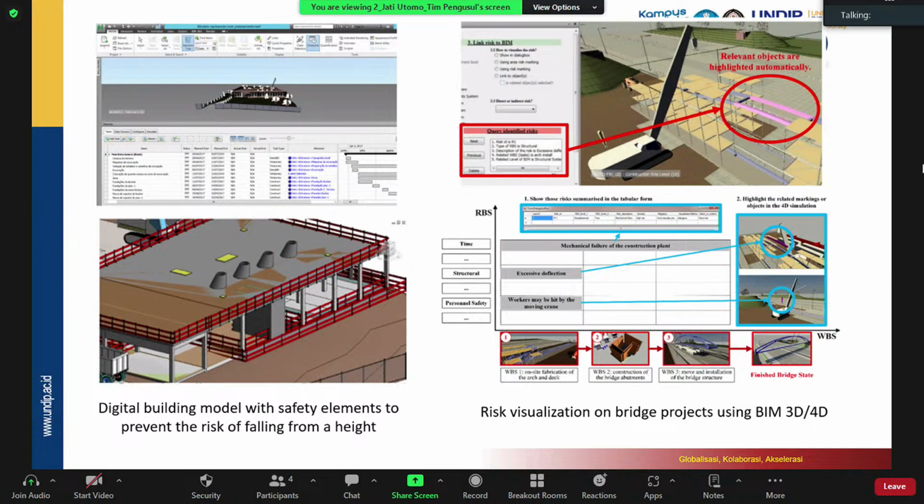We can click on the element, a window pops up, and we can see the risks related to this element. So it gives awareness for the safety officer of the project to notice beforehand, so they can control it while the project is running on the site.